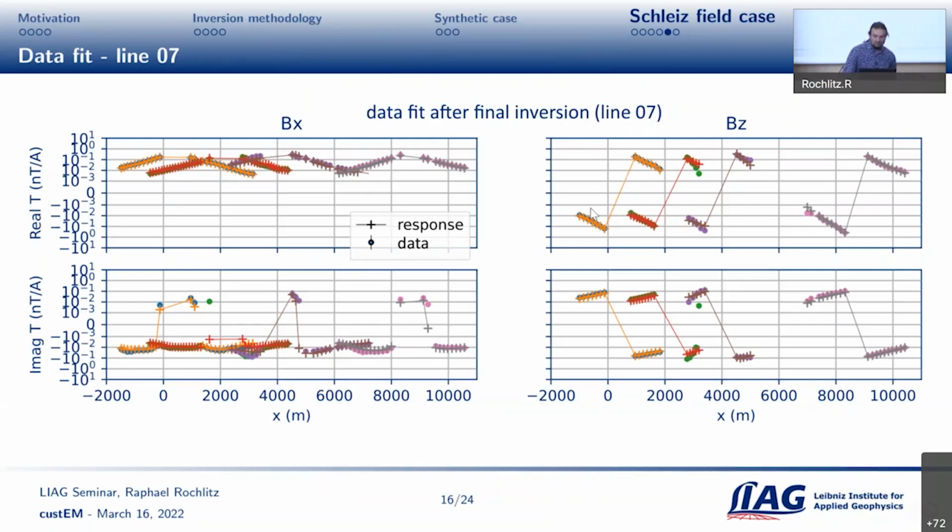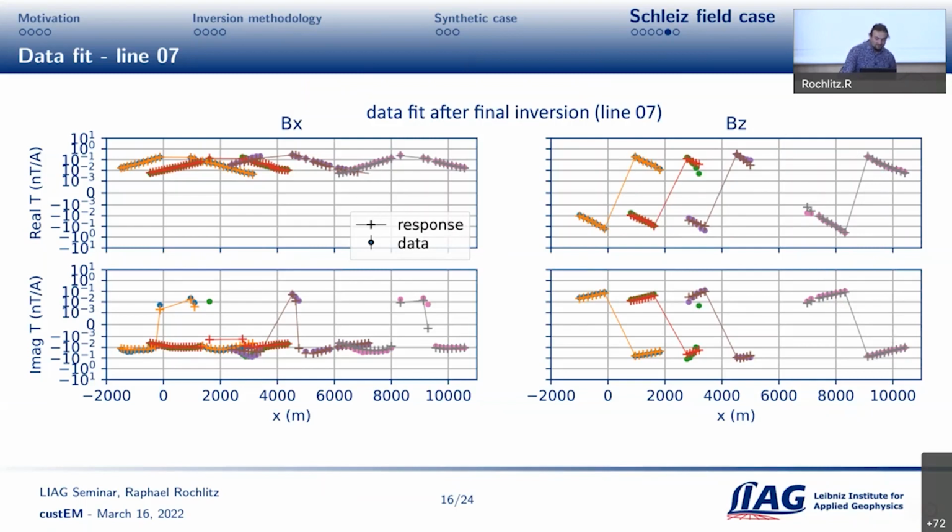We have the 4 transmitters, orange, red, purple and gray, and where we see the sign reversal in the center, our transmitter is located. So this would be the location of transmitter 1, transmitter 2, transmitter 3, transmitter 4. We have again real parts, imaginary parts, the Z component and horizontal component.